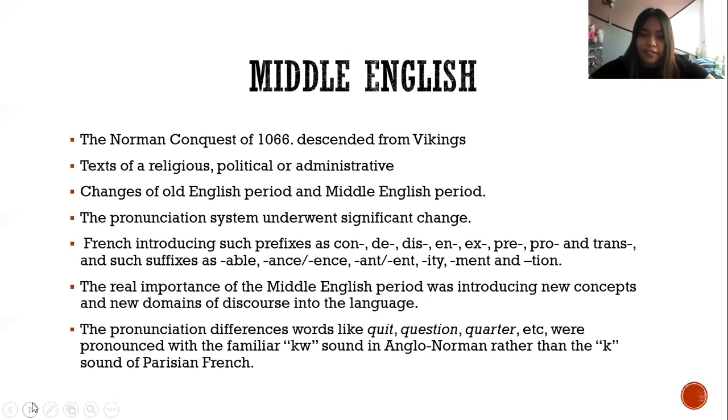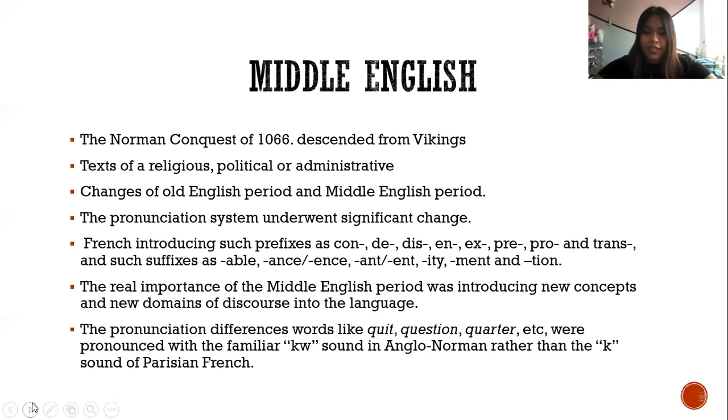Middle English also saw a huge increase in the use of affixes, prefixes and suffixes, producing an influx of new words.